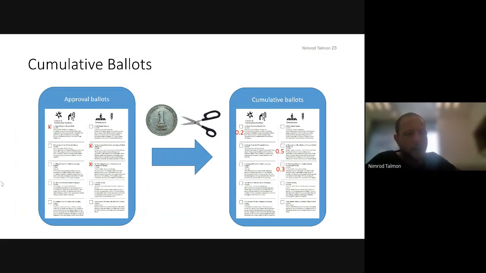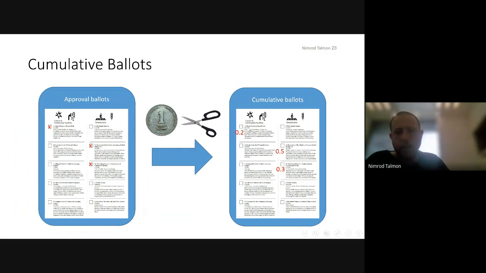So instead of simply giving a binary decision on each project, approving or disapproving, like in approval ballots in the example on the left, people split this one unit of preference among several projects.